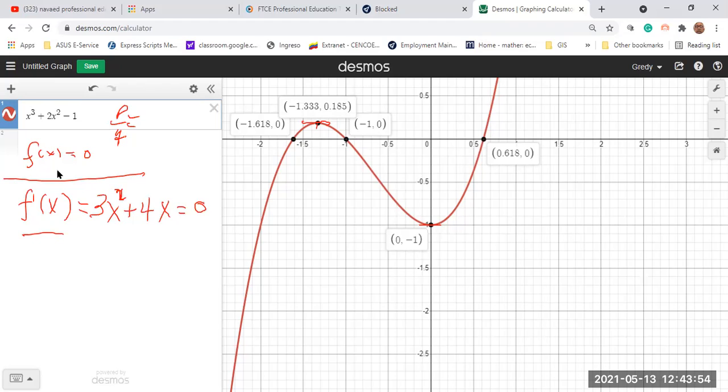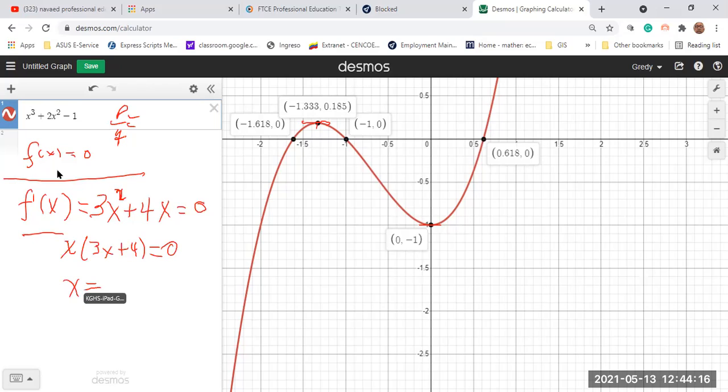So we can get the value x that makes the first derivative equal to 0. How do we do this? You take x out as the greatest common factor, and you get x times (3x plus 4). So you get 2 solutions.